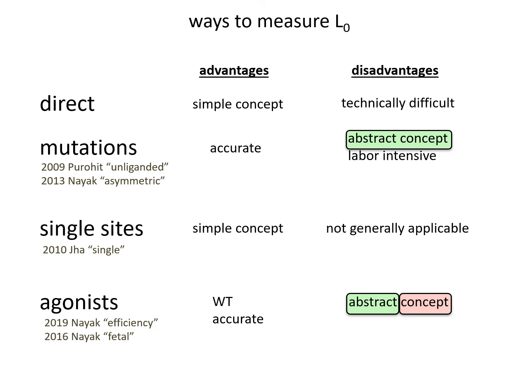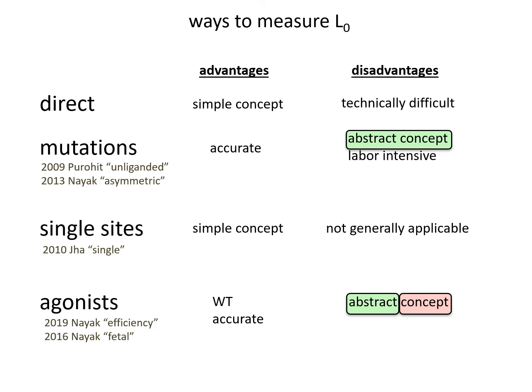Another way to do this is by extrapolation from the effects of mutations on L2 versus L0. This is very accurate, but it's a little bit abstract conceptually. You have to use the green equation, and it is labor intensive. You have to make lots of mutations and calibrate their effects on a weak agonist.